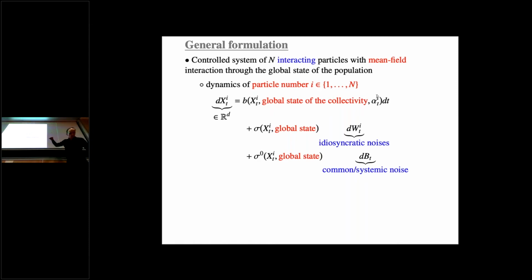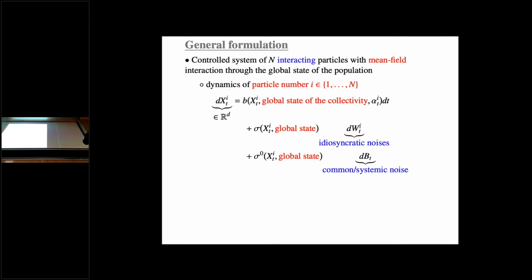Now you have two other terms. The first one is dW^i, which is the derivative of a small increment of a Brownian motion. And you see that there is a label i. This is to say that this is an individual noise that only impacts the dynamics of player i. In statistics, you could say that these are idiosyncratic noises.